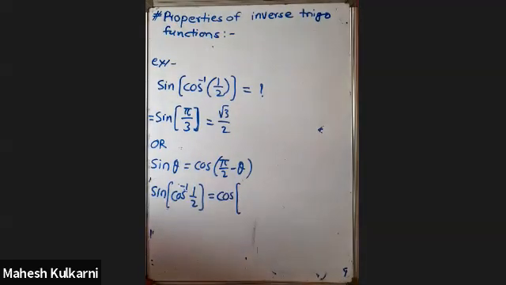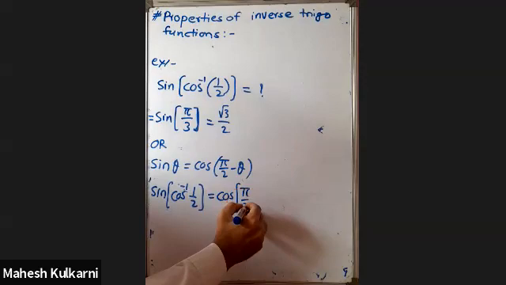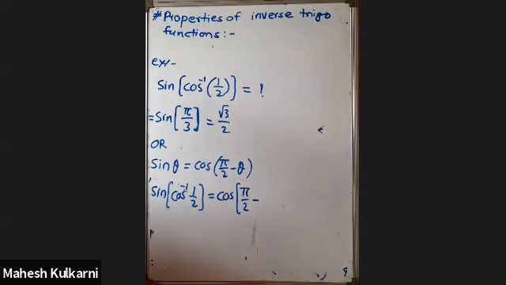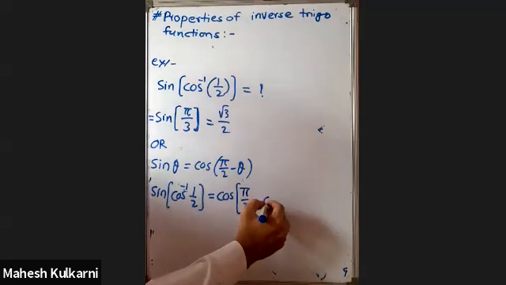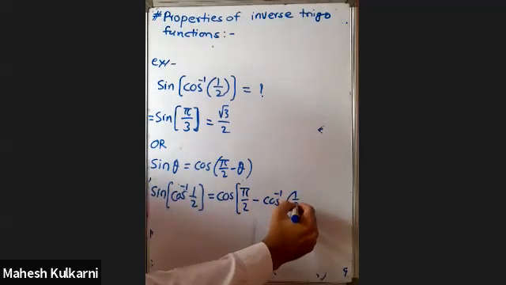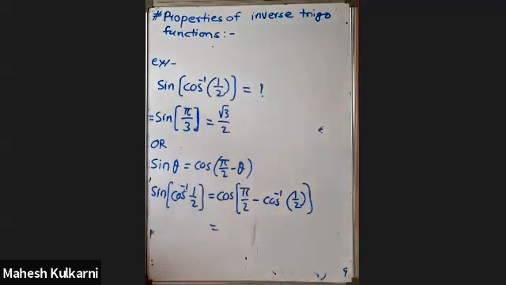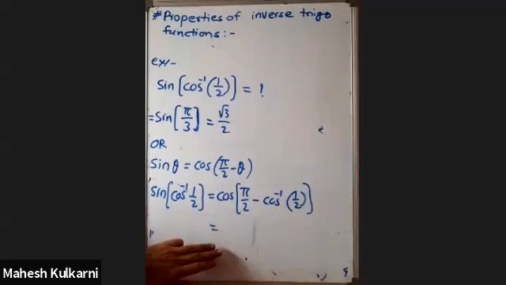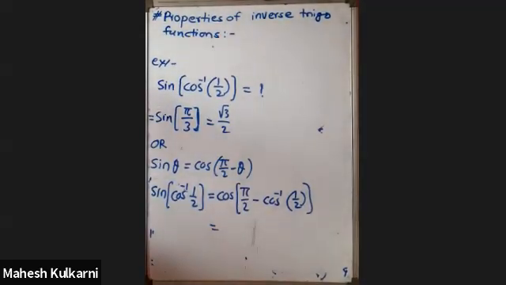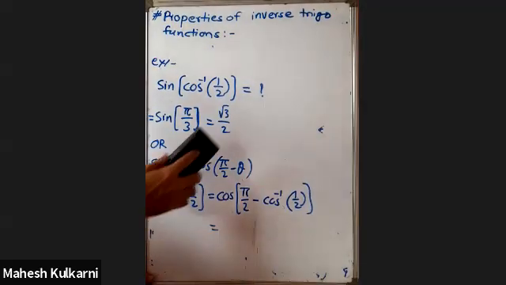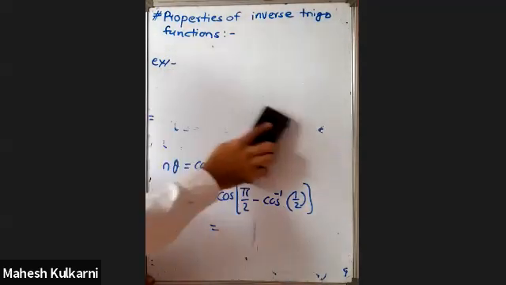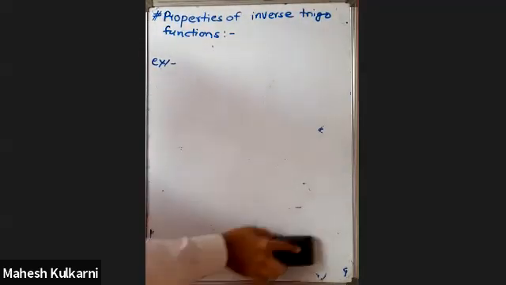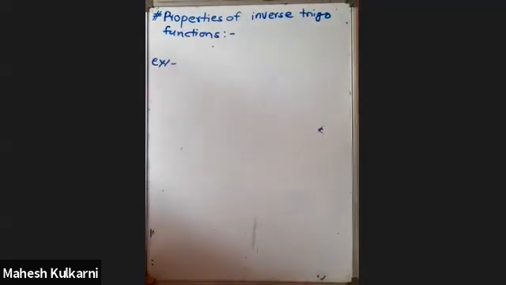You can write this as cos of pi by 2 minus cos inverse of 1 by 2. Even you can solve by this method, but again you have to write the value of this cos inverse 1 by 2, then find the angle, and we have to find the corresponding value of this function. And whenever it is possible to write the angle, you can easily solve the sum by substituting value of the given trigonometric function.